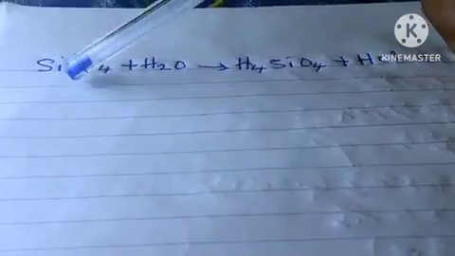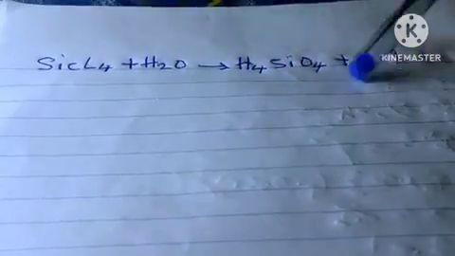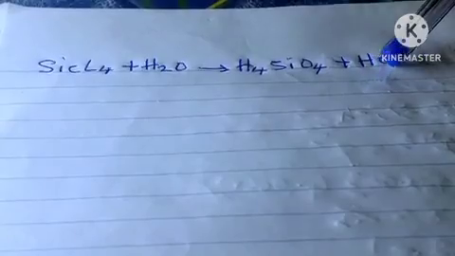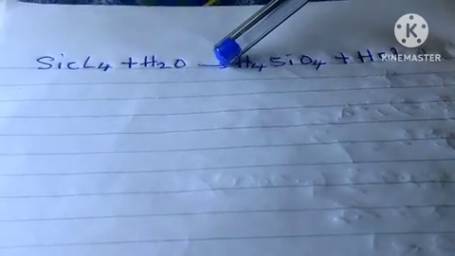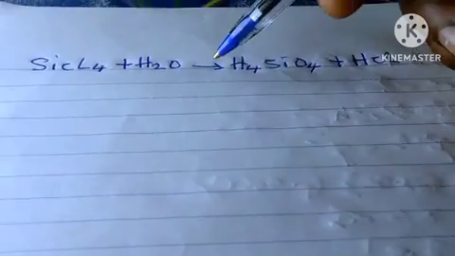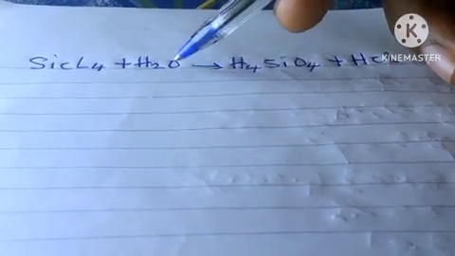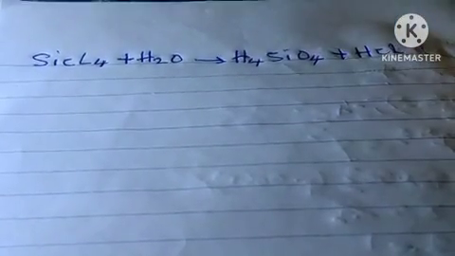Note that the ones at your left side are called the reactants, while the ones at your right side are called the products. And this forward arrow you are seeing is called the forward reaction. In some chemical reactions, you see another arrow that is pointing backward, right? So that one is called a backward reaction.